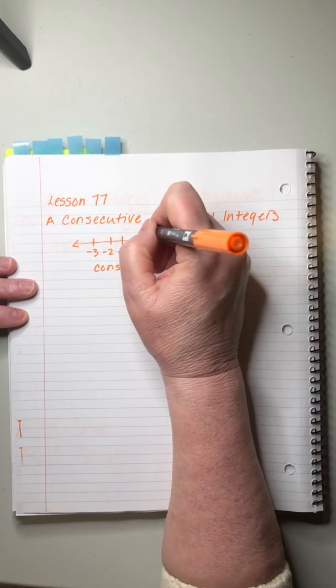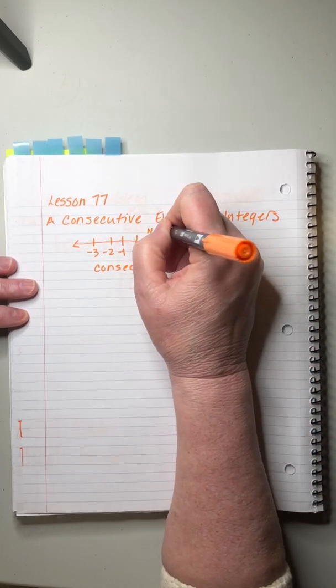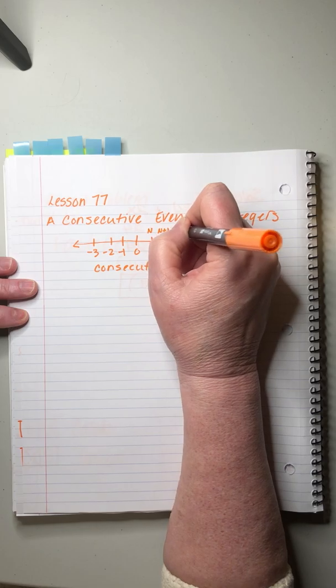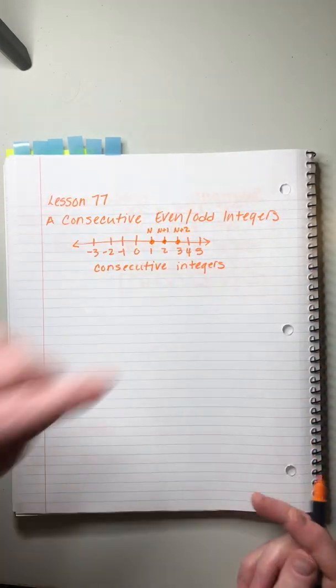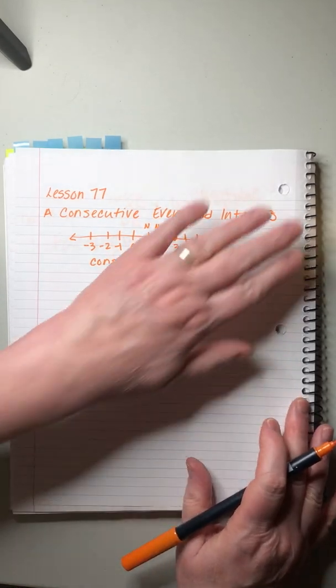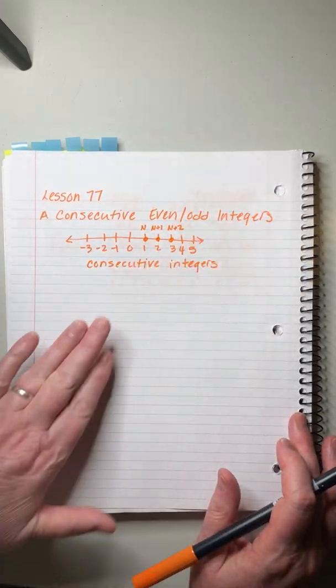We would call this one n, this one n plus 1, and this one n plus 2. Remember how we set the variables up in that oh so clever way? That was consecutive integers.